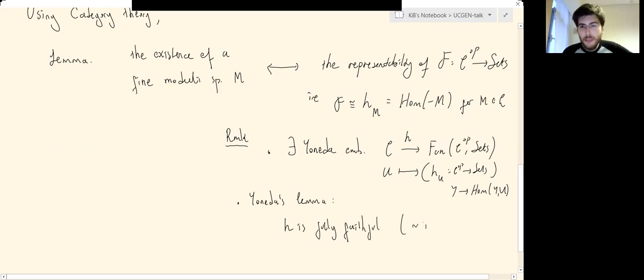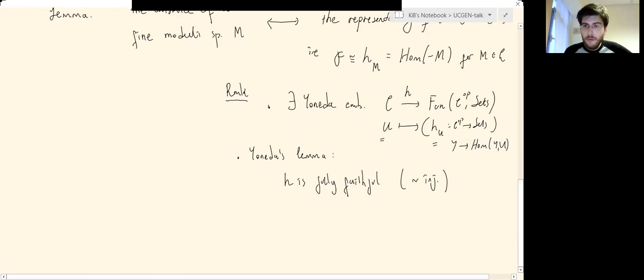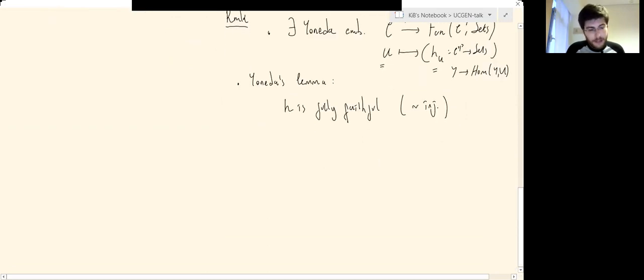This means more or less injective. Therefore, knowing h_U uniquely determines U, okay? So this will be really important soon. But the problem is, this is not surjective. Therefore, not all functors from C^op to sets are given in the form of h_U. When it does, we call it representable, okay?